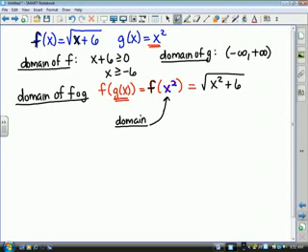And it doesn't factor. You still couldn't do anything with it. The only way you could do something with it is if it ended up being x plus 6 quantity squared, then you could, because there could be two of them. Alright, so what's the domain of x squared?